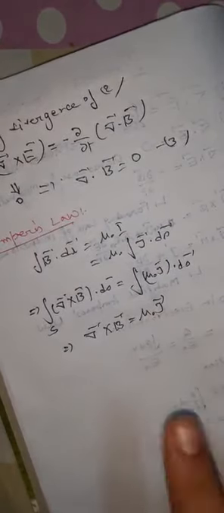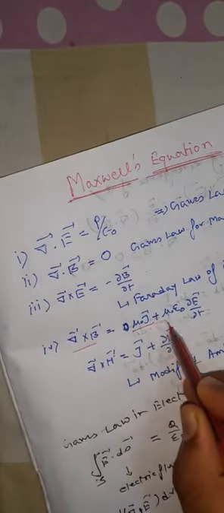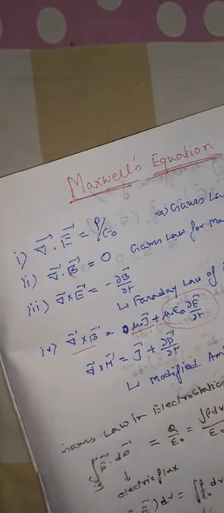Now if you compare this with the Maxwell's equation we have written, curl B equal to mu naught J only gives me the first portion of it. There is some other term here which we need to know how it comes. The problem is that Ampere's law cannot be applied in all cases; it is not a universal thing.